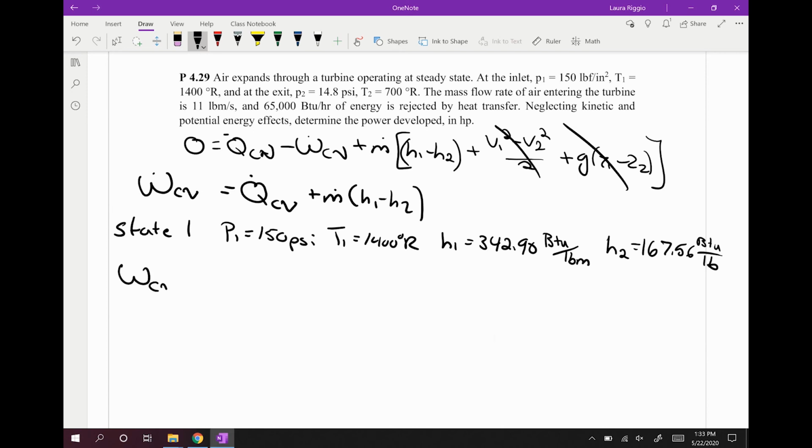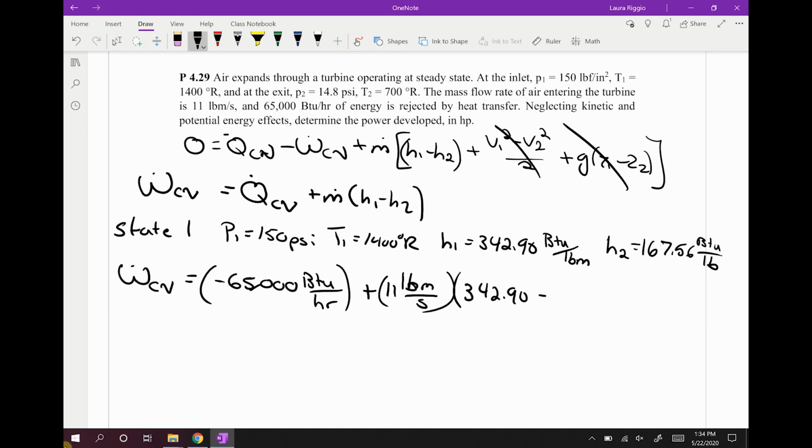So my work is equal to minus 6,500 BTUs per hour. It is negative because it is heat out of the system, plus 11 pounds per second times 342.90 minus 167.56 BTUs per pound times 3,600 seconds per hour.